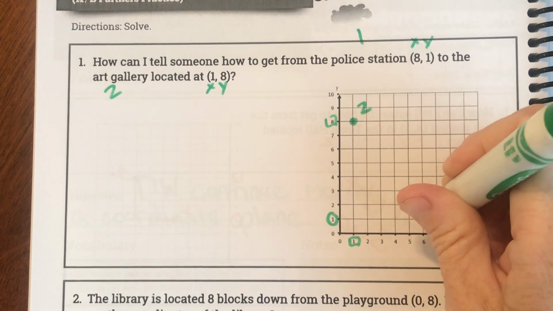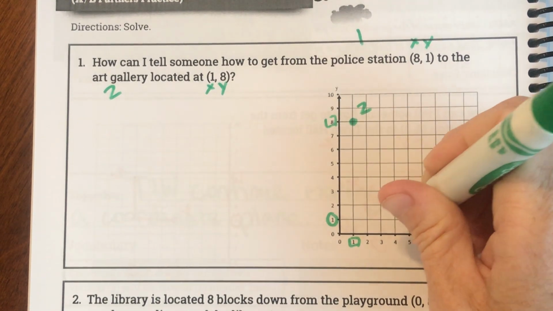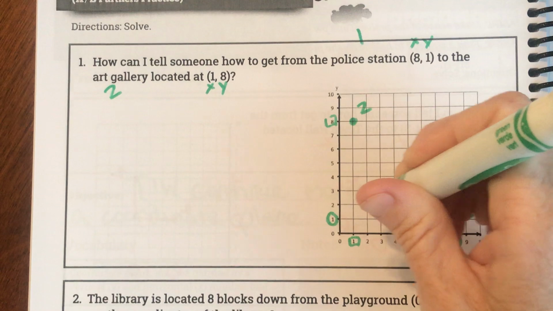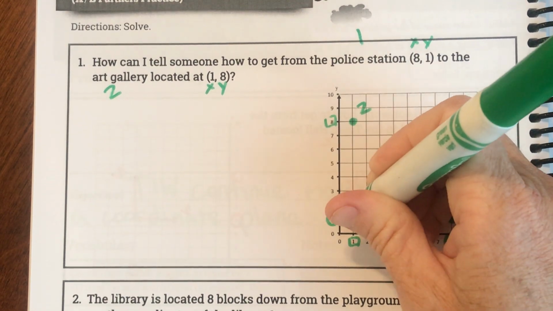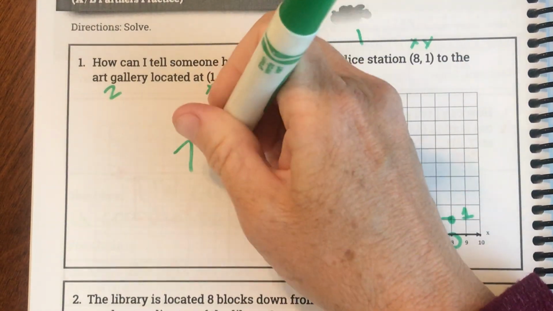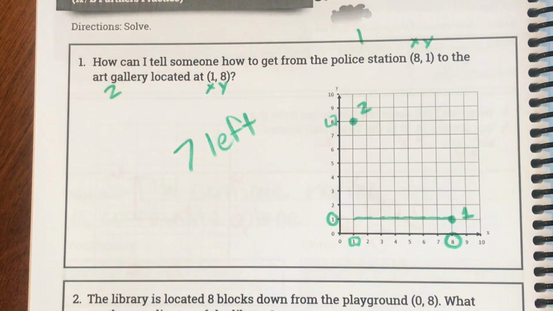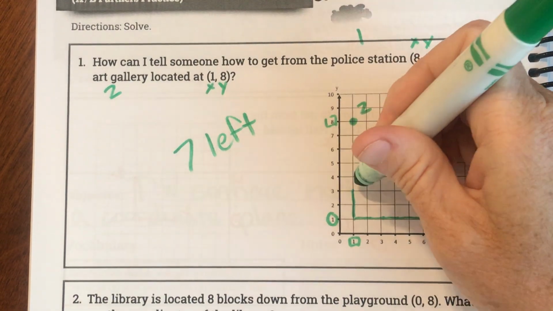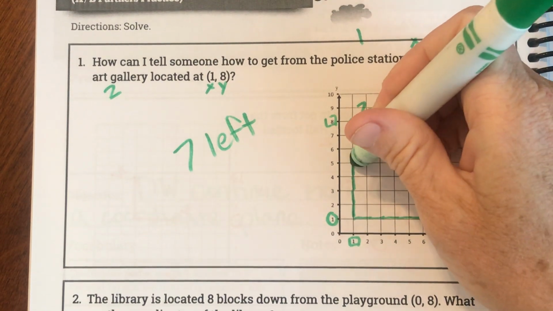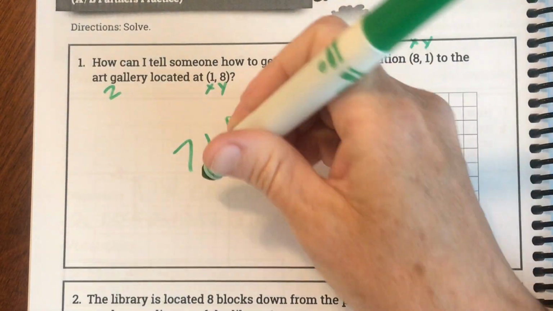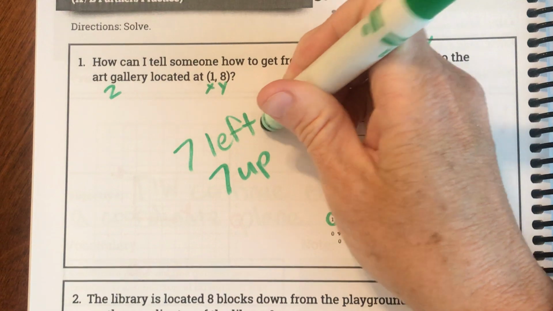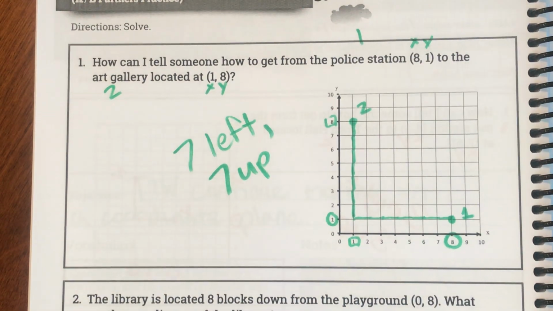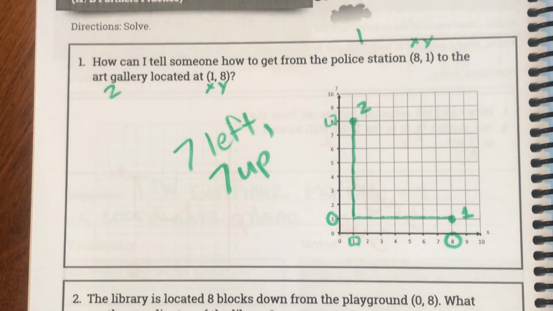So count 1, 2, 3, 4, 5, 6, 7. So we have to go 7 left. And let's see how many up we have to go. 1, 2, 3, 4, 5, 6, 7. And 7 up. And those are our directions for that one. Okay, let's do another one.